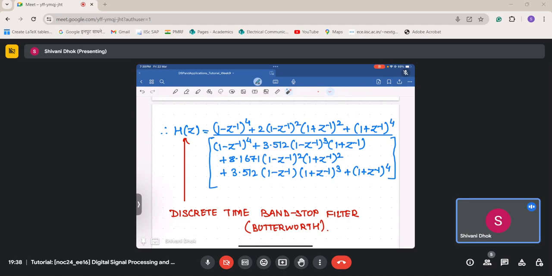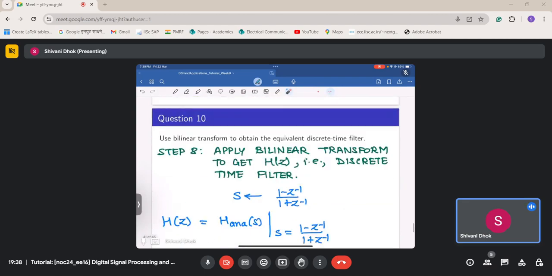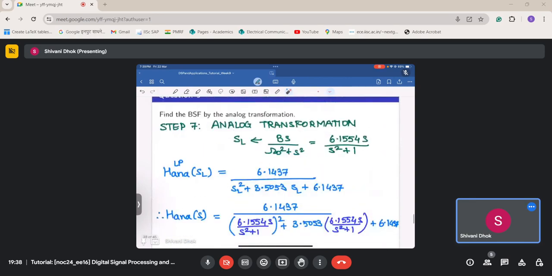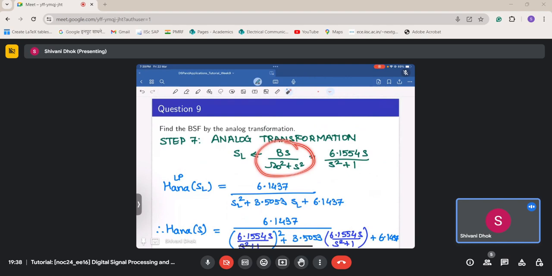But this analog transformation which we did here is a second order transformation. We are having s to the power 2 here. So this is leading to doubling of the order of the filter.